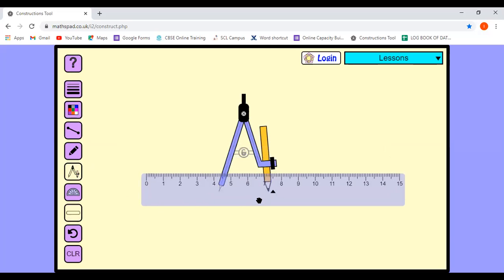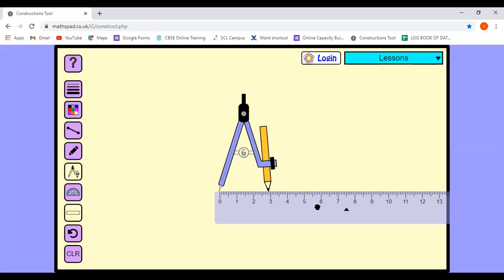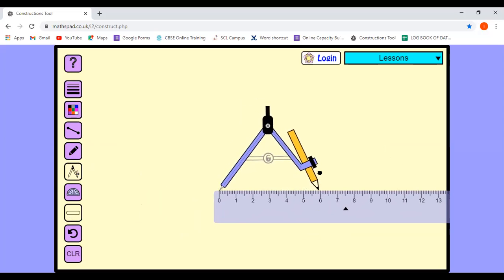Let us first take the scale and the compass and then measure 6 centimeter. Okay, we've got 6 centimeter now.